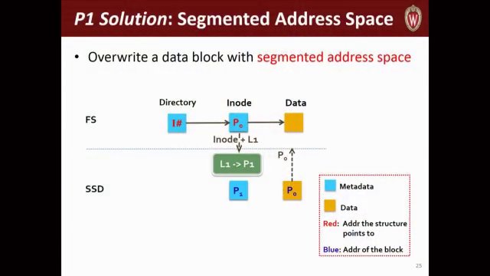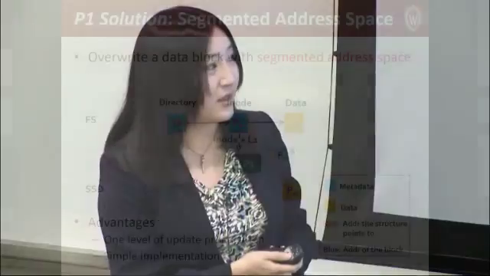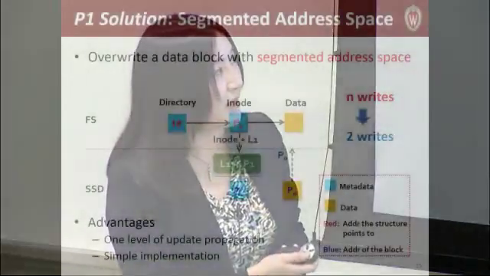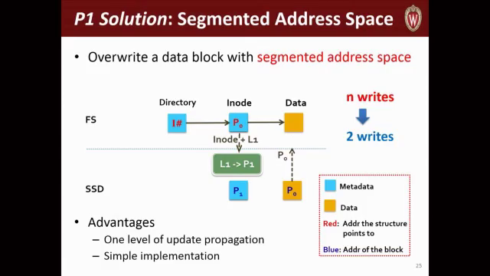But now we don't need to change the root directory block because it always uses the inode number to point to the inode. So we can see that now we only have one level of update propagation, and we go from n writes to 2 writes. And with this design, it's also simpler to implement and debug.